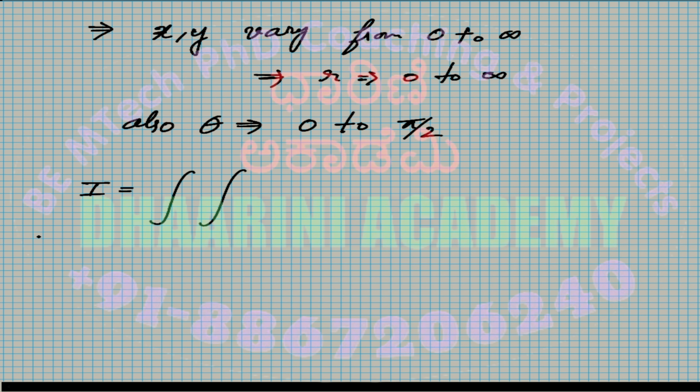So theta will be written first, theta from 0 to pi by 2, r varying from 0 to infinity, e to the power minus, and x square plus y square in the bracket is simply r square, times r dr d theta.